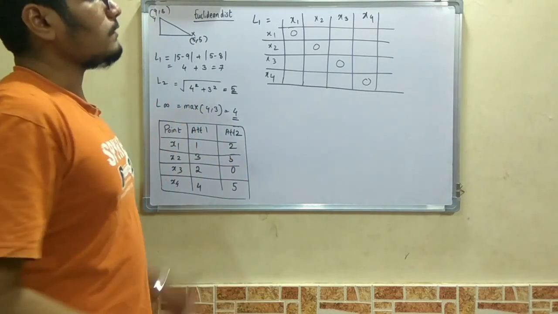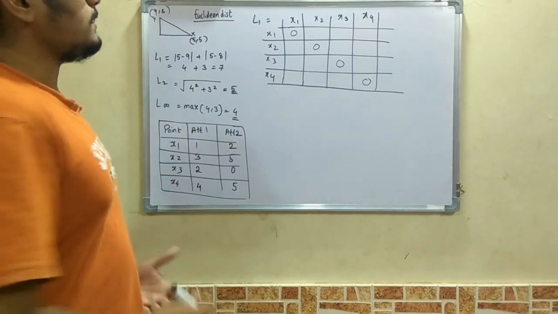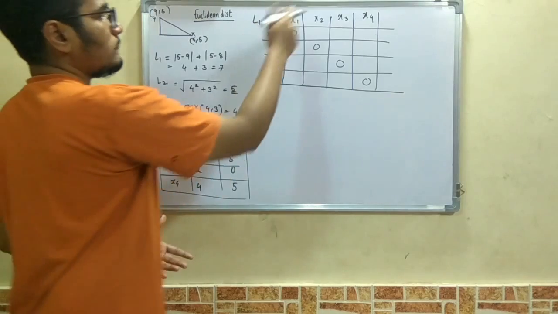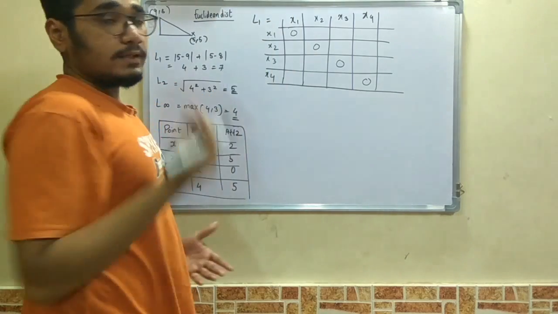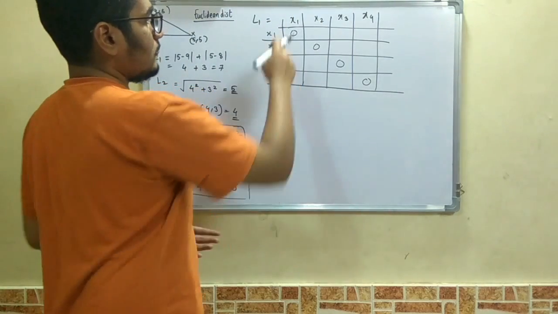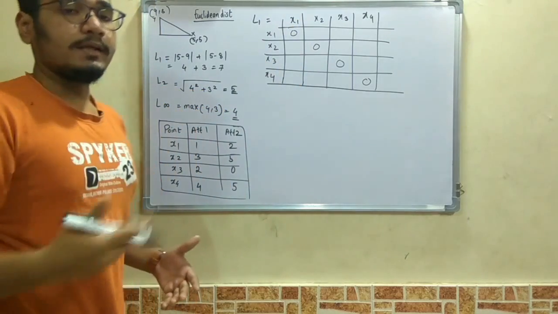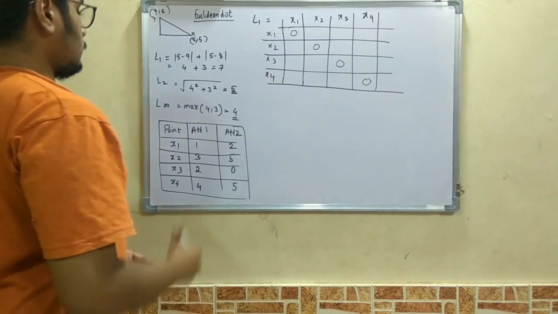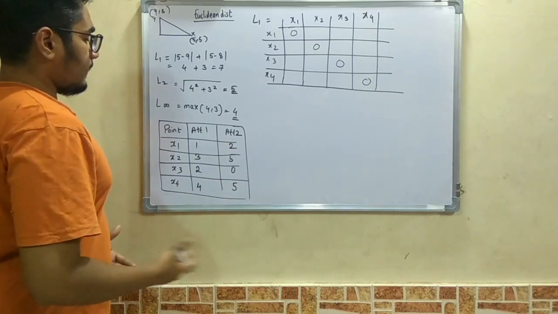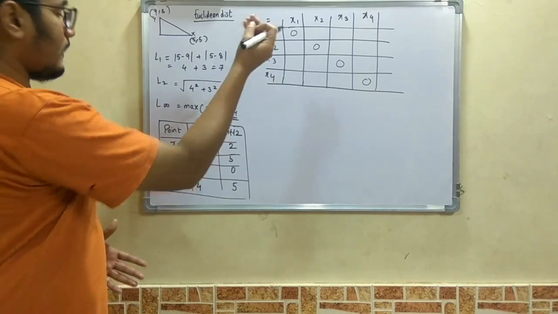Next we have to calculate the other entries. If you get the value for x1, x2, you can update it in the symmetric cell also, so you need not recalculate it again and again.